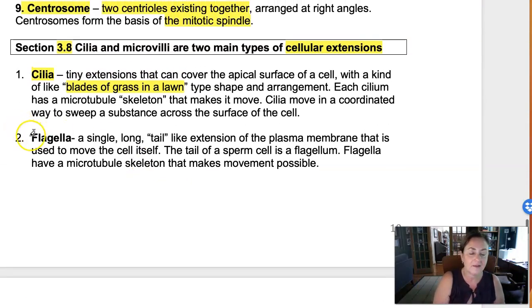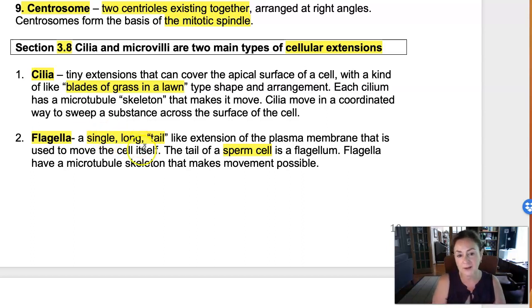Now, flagella is a modal process, but if we're talking about a human cell, which in this class all we care about is human cells, you're looking at a single long tail-like extension. And there's only one human cell that contains a flagellum, and that's a sperm cell. What that flagellum does is it actually propels the cell.